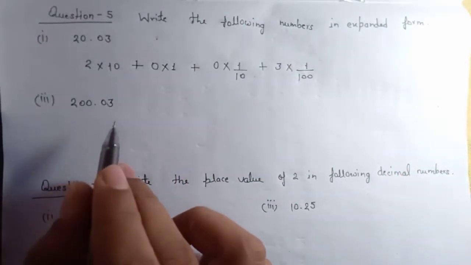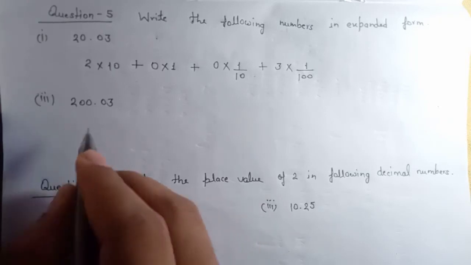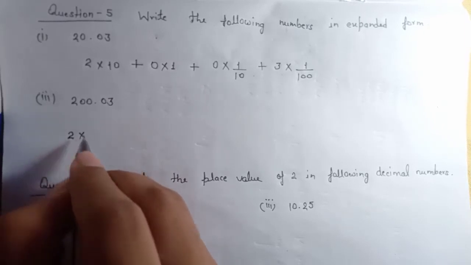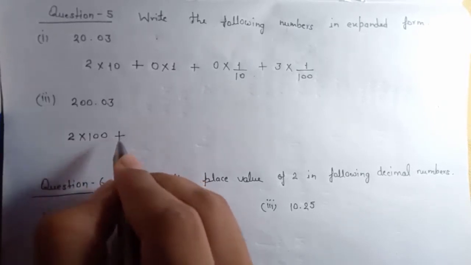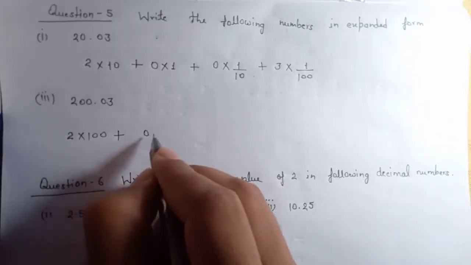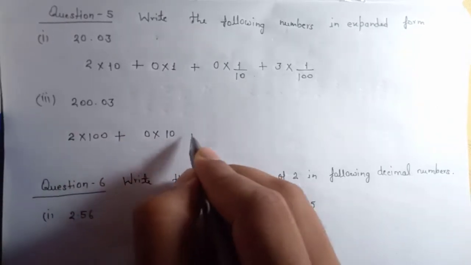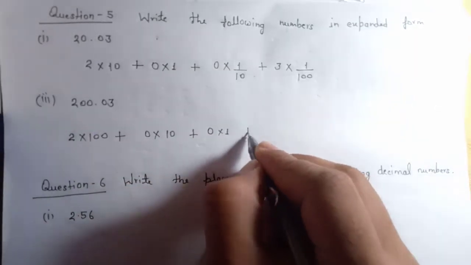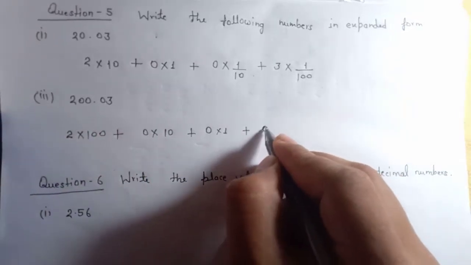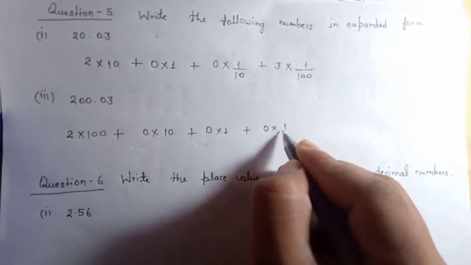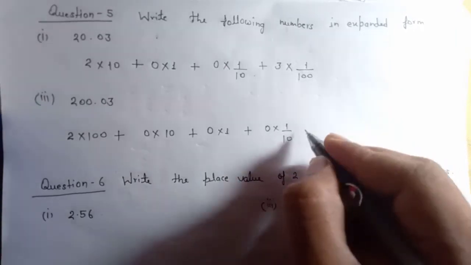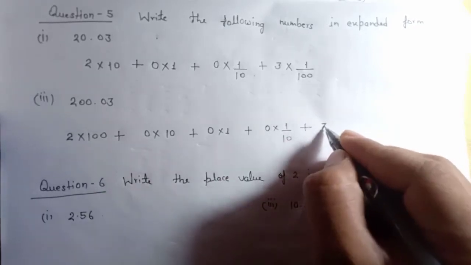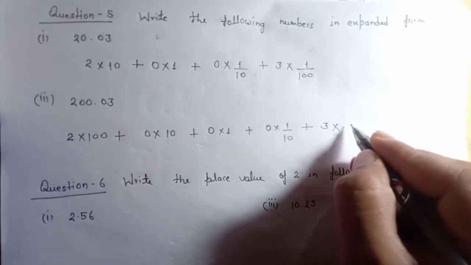Next it is 200.03. So you can see 2 is here as hundreds. So 2 into 100, plus 0 is placed as tens, so 0 into 10, plus 0 is as ones, 0 into 1, plus 0 is as tenths, so multiplied by 1 upon 10, and plus 3 is written as hundredths.